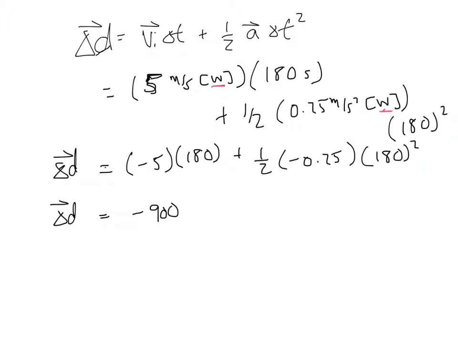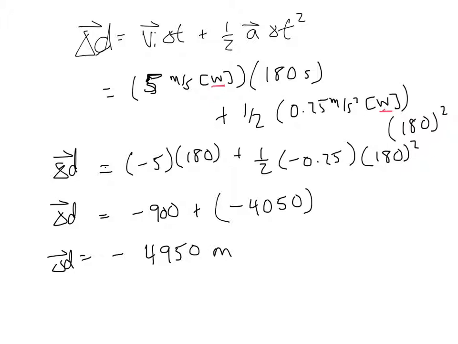And this is going to be plus, and let's run these numbers. We have 0.5, so 1/2 times 0.25 for the acceleration, multiplied by 180 squared, gives us 4,050, so -4,050. Okay, we can simply add those numbers together to find out that delta d is going to be equal to -4,950 meters.